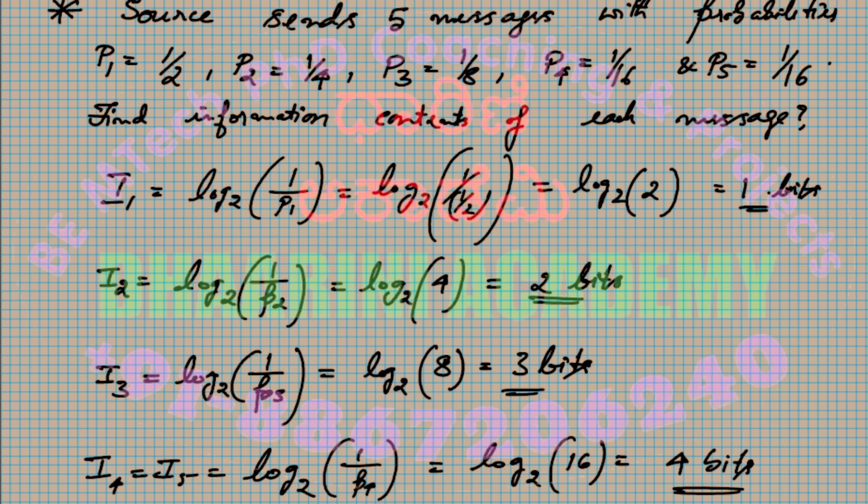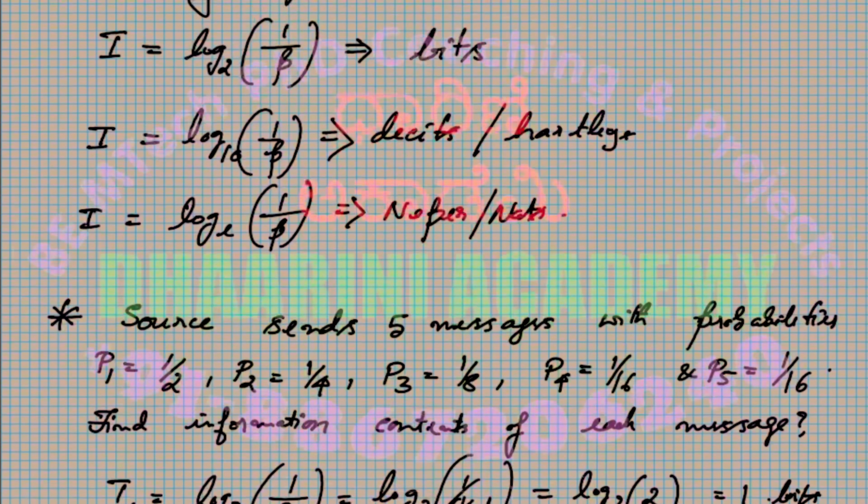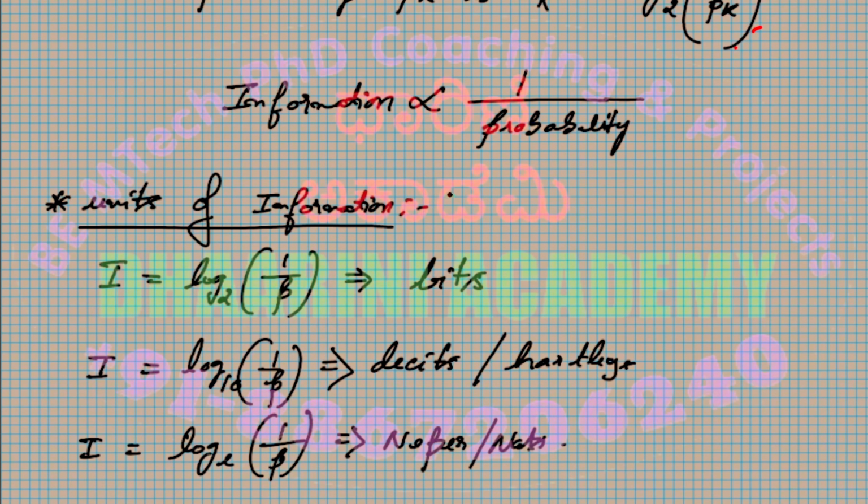The information content of your message signal is also referred to as the self information. Sometimes they say calculate the self information. Units of information, or this is called the self information.